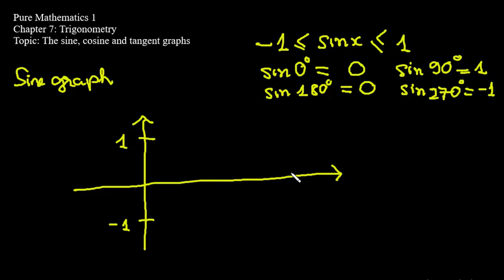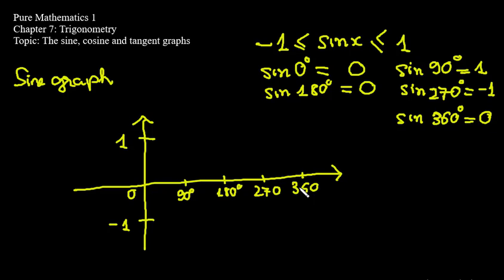So I plot the points here. First I have 0 here, here's my 90 degrees, here's my 180, and here's my 270. And the last one is the sine of 360 equal to 0. Here, 360.